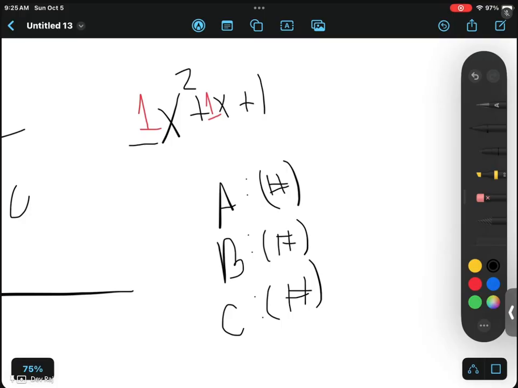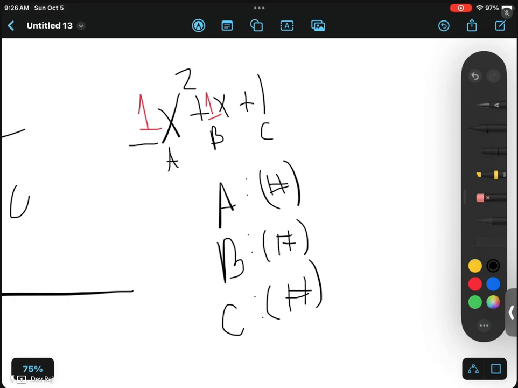Because 1 times x squared is still x squared, remember? But if you have 0 times x squared, then that becomes 0. And then 2 times x squared doubles the value, right? So if we just have x squared, we could put a 1 and 1. And then this is your a, this is your b, this is your c.